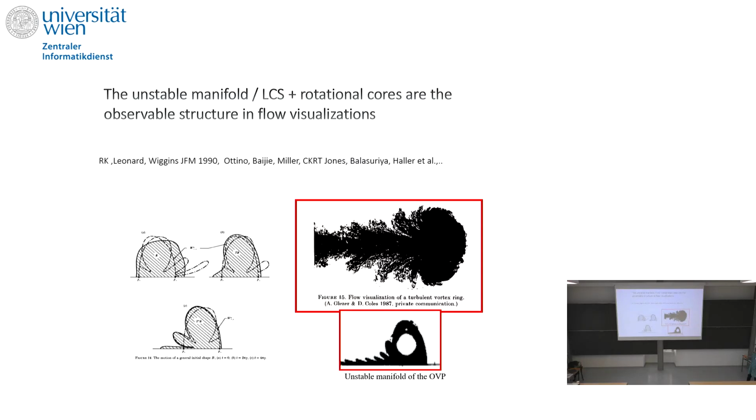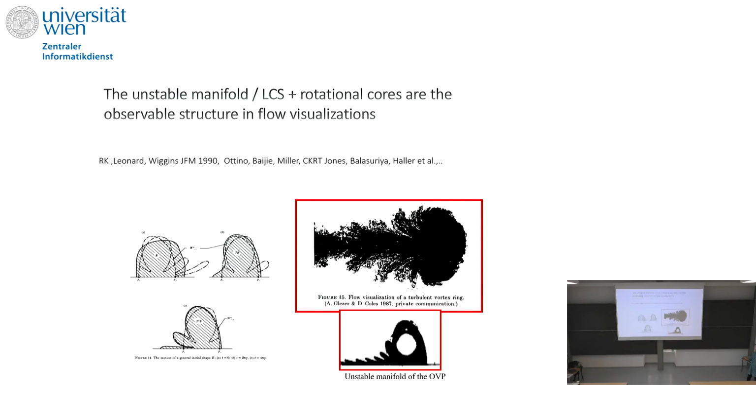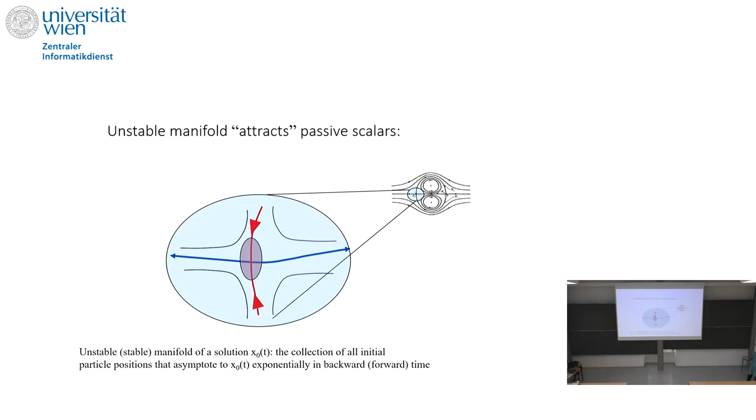So let me just say what I mean by unstable manifold. Think about having a hyperbolic fixed point, a saddle point in your flow, okay? A stagnation point of your velocity field, which is unstable. And then think about what happens when you put on top of it a blob of dye.